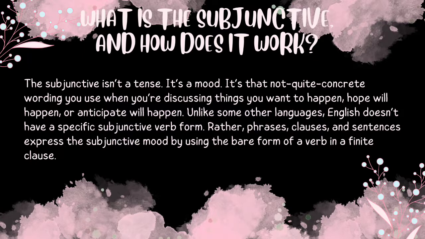Unlike some other languages, English does not have a specific subjunctive verb form. Rather, phrases, clauses, and sentences express the subjunctive mood by using the bare form of a verb in an infinitive clause.